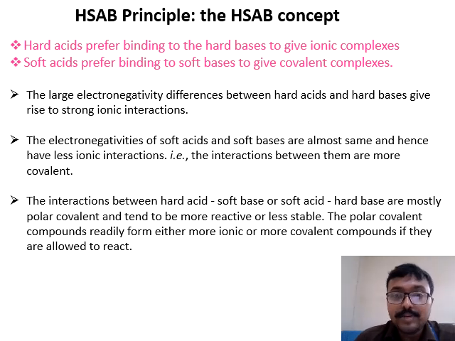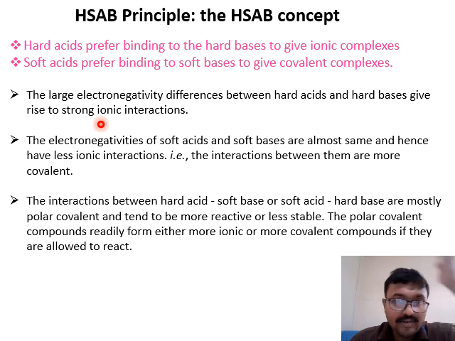Hard soft acid-base principle. Hard acids prefer binding to hard bases to give ionic complexes. Soft acids prefer to bind with soft bases and give covalent complexes. So a hard combination gives an ionic complex, and a soft combination gives a covalent complex.